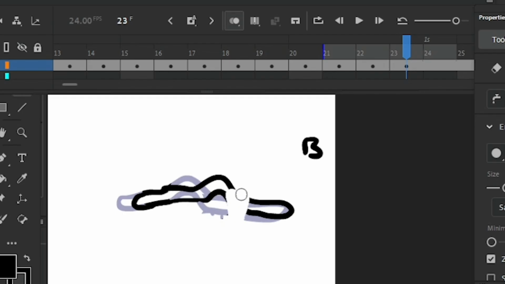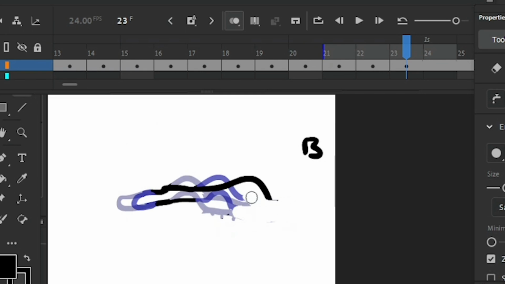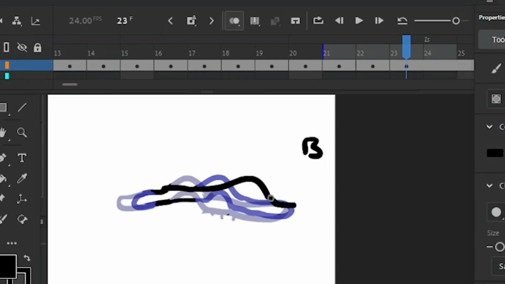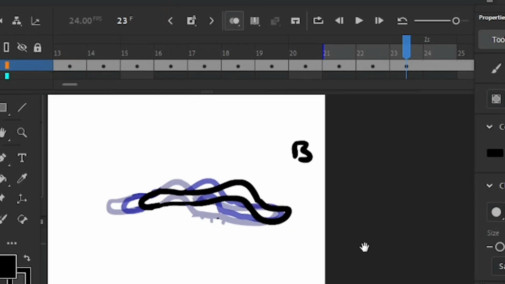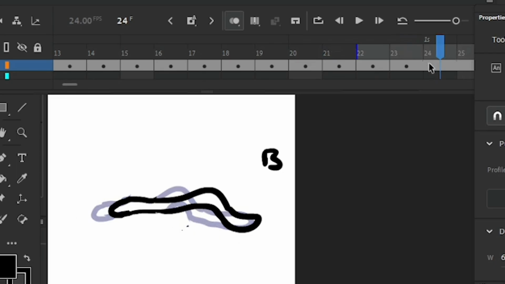I'm seeing the motion of the worm. So by the time you get to the 24th keyframe, we're going to insert the next one because we're already at point B.